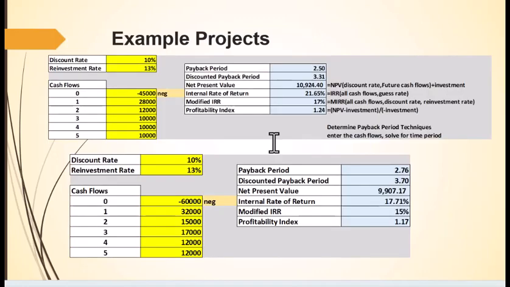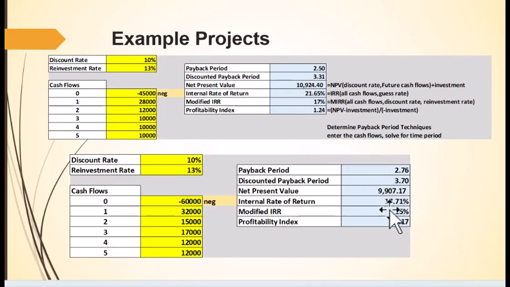So if we look at our projects, taking a step back to our example, project A here we'll call it, has a net present value of $10,900 and B, $9,900. So if you're looking at these two projects, both projects are acceptable.